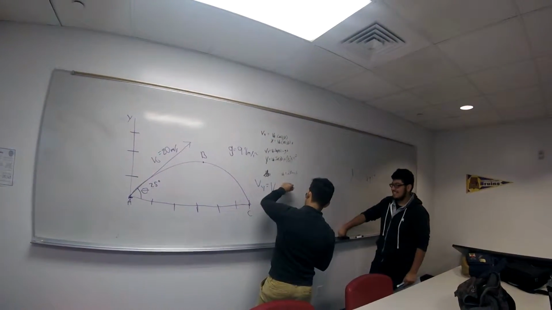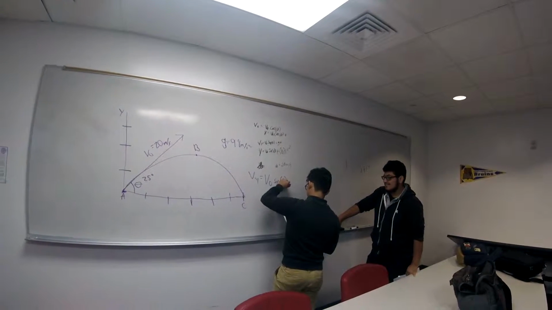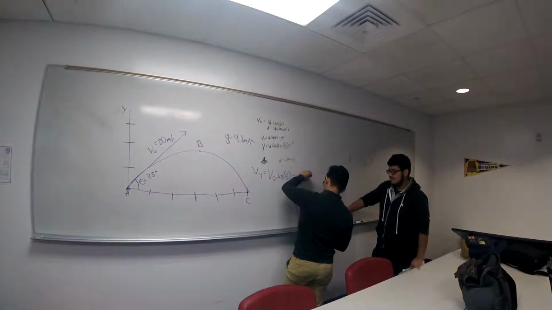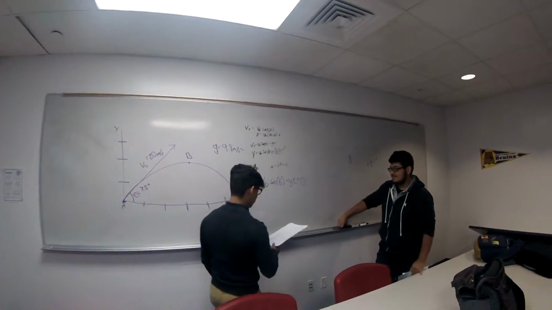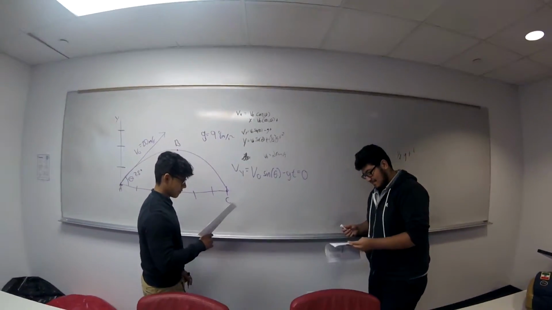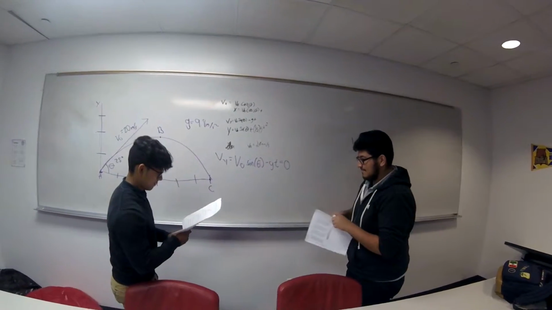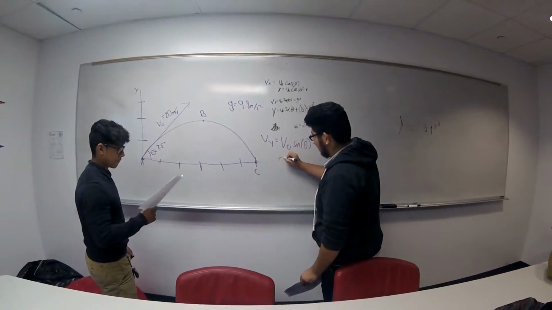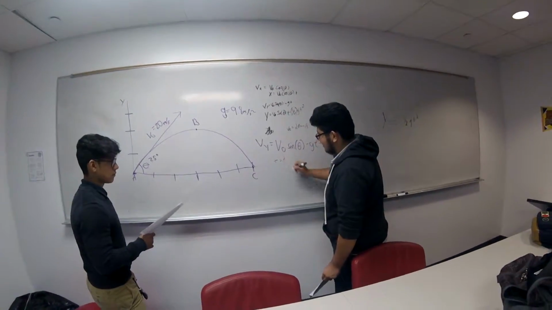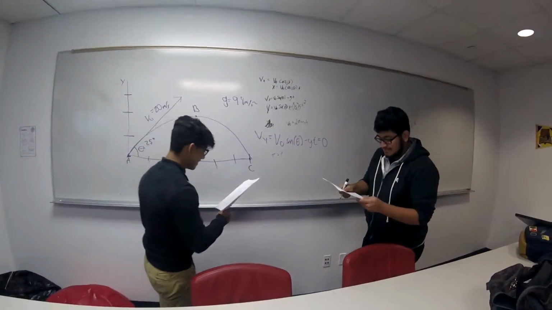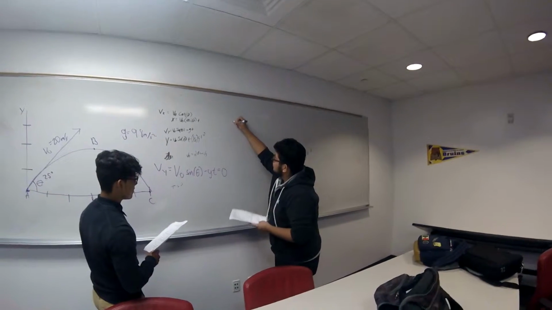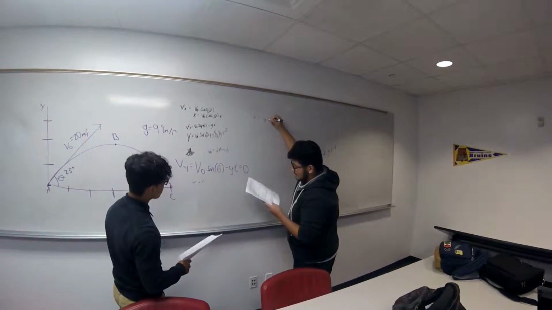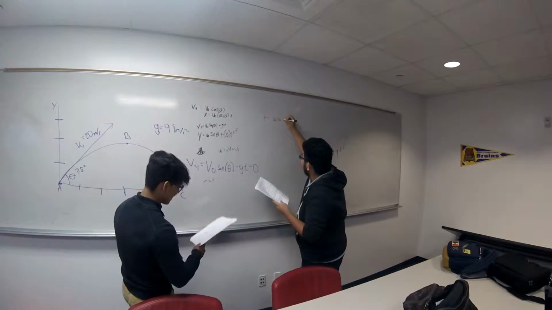Here's sine. And we are solving for t. So solving for t would equal V naught sine theta over g.